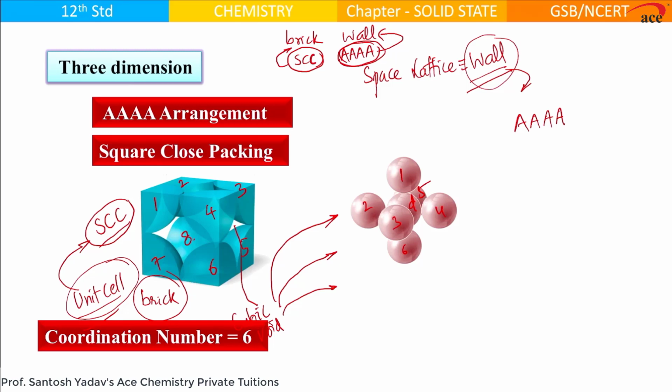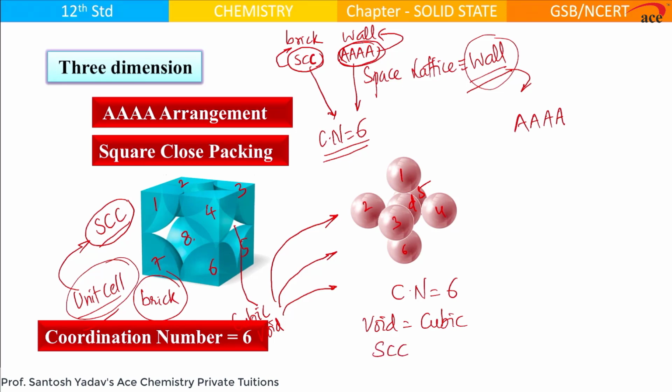So, whether you say SCC or A type of an arrangement, coordination number is 6. This is the simplest possibility of a 3-dimensional arrangement which will have coordination number of 6 and void present will be cubic void. Name SCC as a brick or a unit cell and as a space lattice is known as A type of an arrangement.